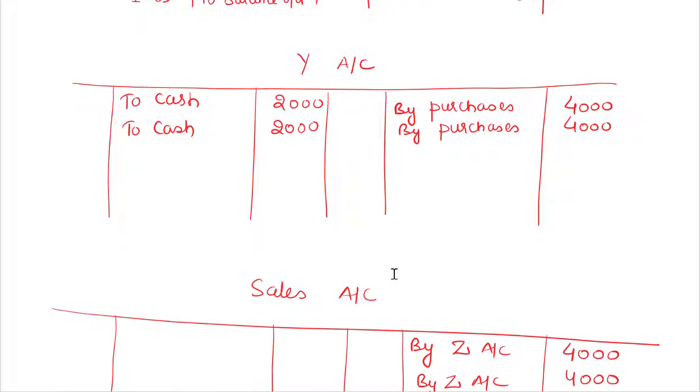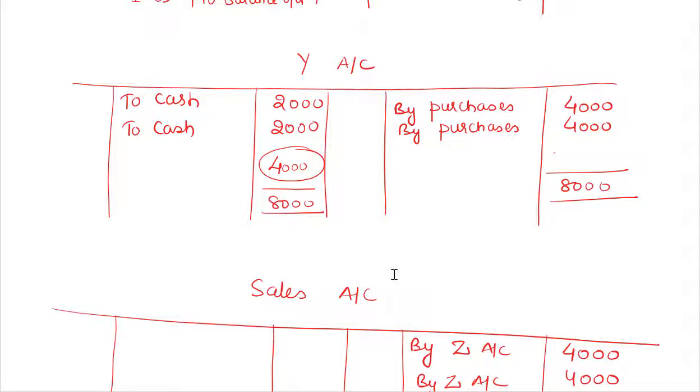Is it clear now? Let's try to balance Y's account, Y capital account. So it would be 8,000 on the credit side. We shifted this 8,000 from credit side to debit side. The balancing figure is 4,000 in Y's account.